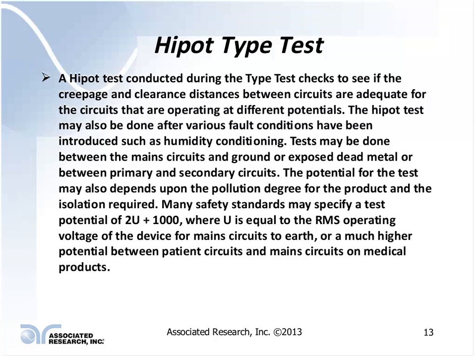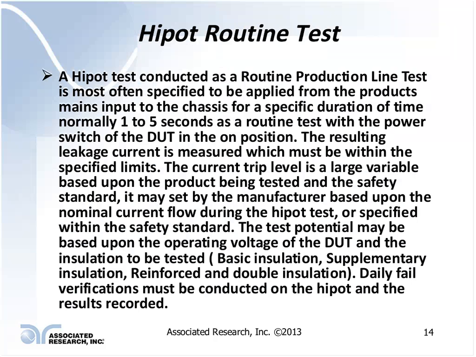So there is a lot more severe testing in a type test versus a routine production line test. Hipot tests during a type test are typically done for a longer period to determine the adequacy of the insulation, again making sure that creepage and clearance distances are proper based upon the design of the product itself.